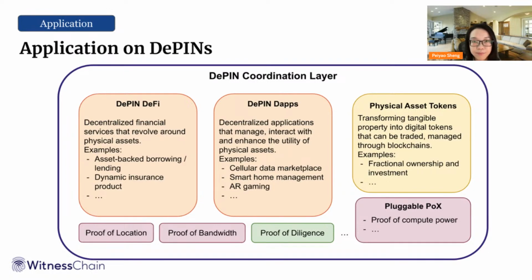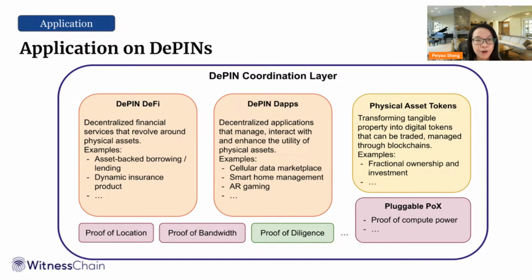The first part is we can build the decentralized financial services that revolve around those physical assets. This category can leverage the DCL to bring greater transparency and security to financial transactions.